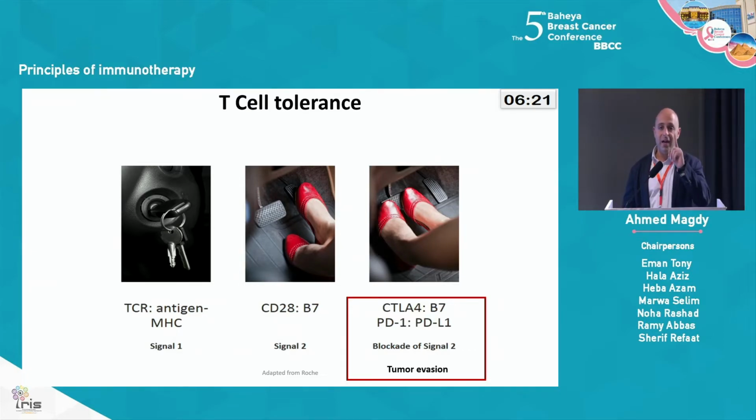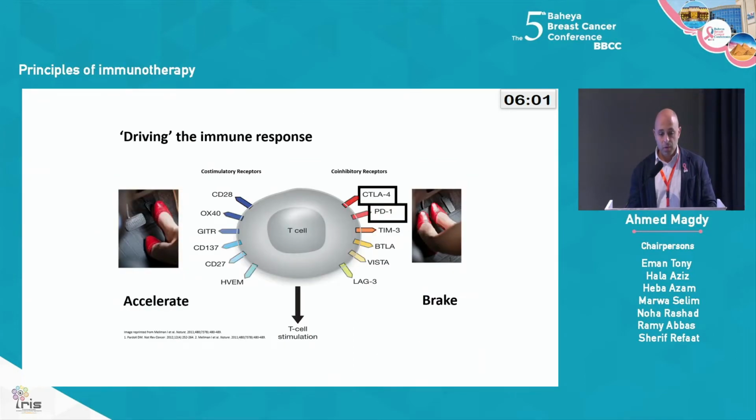However, cancer is very smart. It pressed the brake with two legs. So it stops the immunity by the CTLA4 and the PD-L1. So theoretically, if we can block the binding of the CTLA4 and the PD-1, PD-L1, then we might improve our immune system to detect cancer and kill it. Okay?